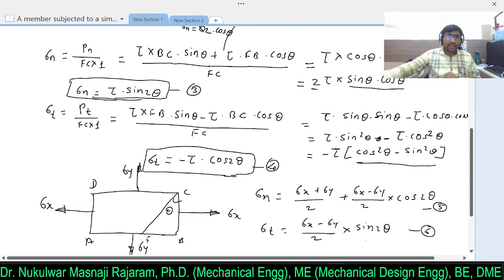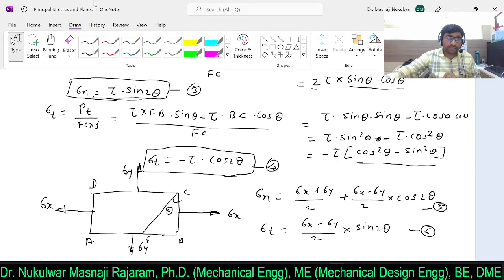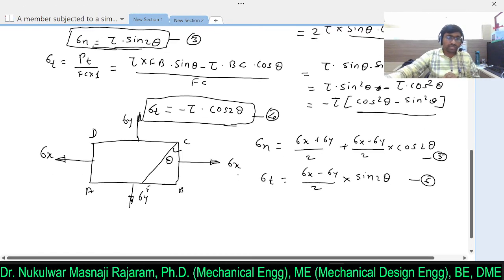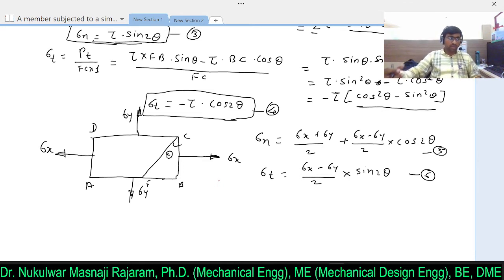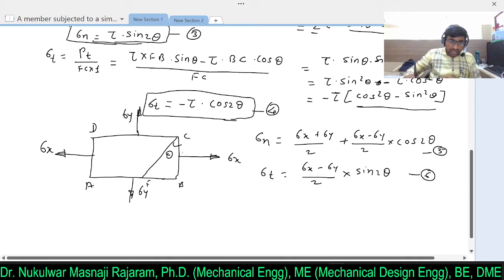Now what I will add in the same equation: consider a member subjected to direct stresses in two mutually perpendicular directions accompanied by a simple shear stress. So these were the conditions in which I add shear stresses tau acting on a body.